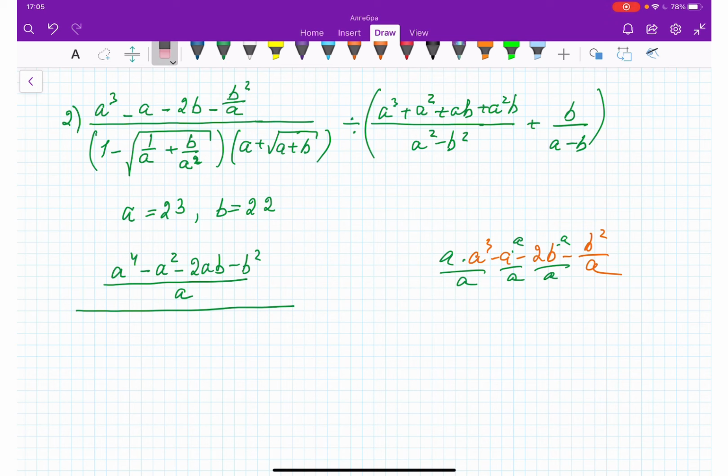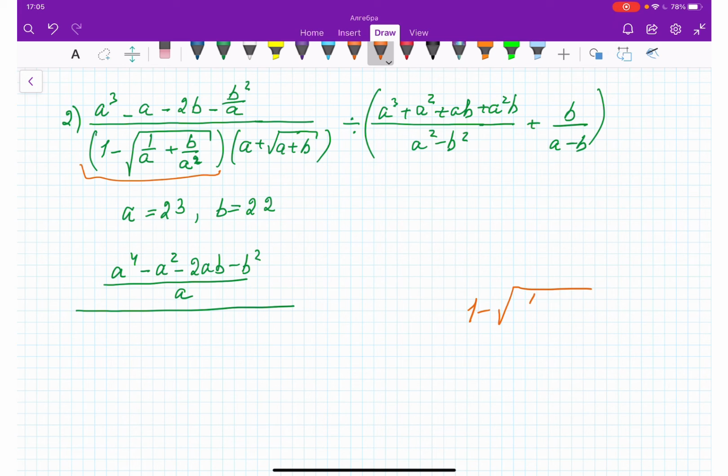Okay, so successfully I can clean this one. Next, I am going to bring this piece to a common denominator. Let me work this out. 1 minus 1 over a plus b over a squared.